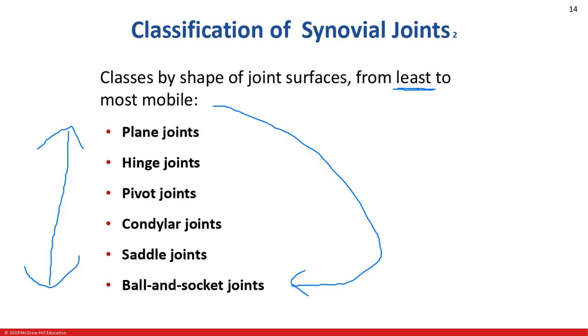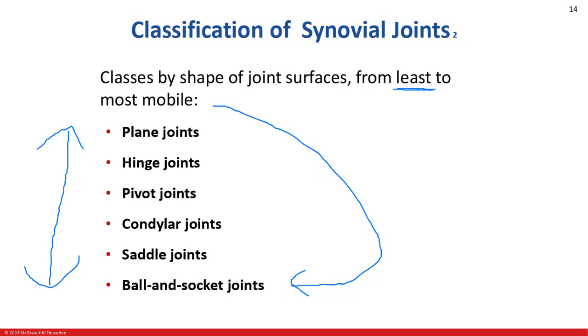Ball and socket joints are the most mobile. Well, doesn't that make sense? For example, your shoulder, your glenohumeral joint, is a ball and socket joint. That's pretty mobile. Your hip joint, let me rephrase that. Your femoral acetabular joint, that's where your femur, which is the bone in your thigh, connects to your os coxa at the acetabulum. That's a ball and socket joint.